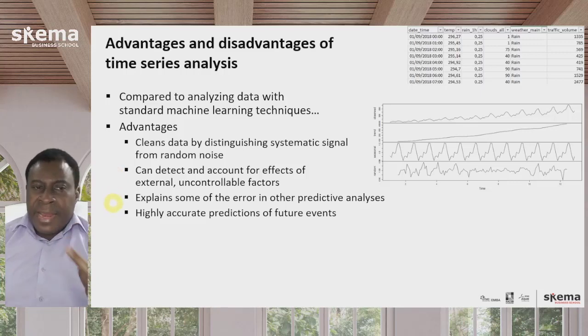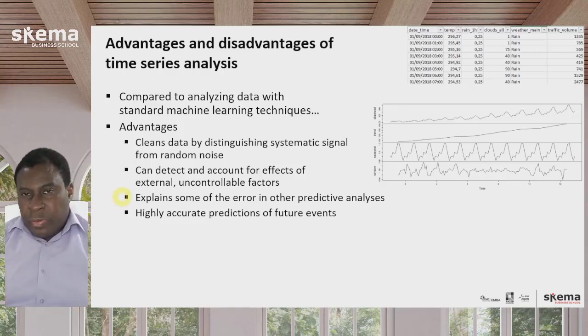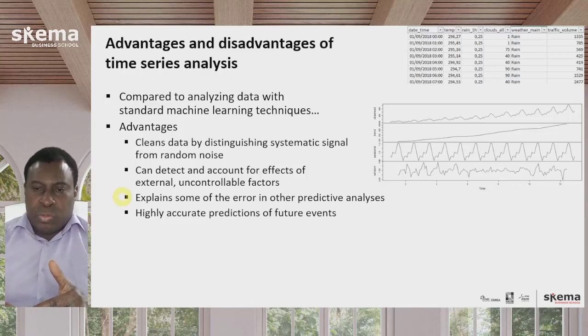Then, any data analysis technique will have imperfect predictions. There will be some error in their estimates. Some of that error is because there were trends over time that, regardless of what one particular row of data might say, also have an effect on the new value of your target variable.